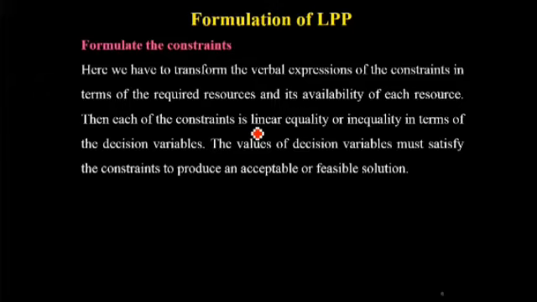So that may happen. Depending on the constant, it will be either a linear equality or inequality. In terms of decision variables, the values of the decision variables must satisfy the constraints to provide an acceptable or feasible solution. Whatever decision variable you have taken must satisfy the constraint, otherwise you will be out of the system.